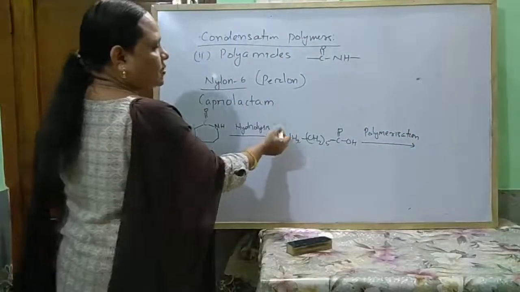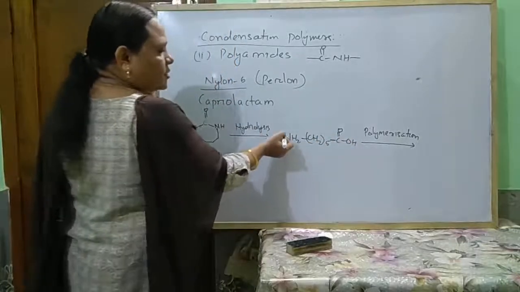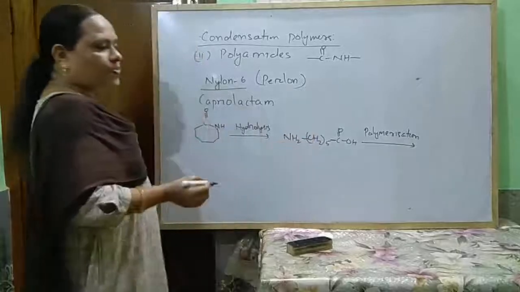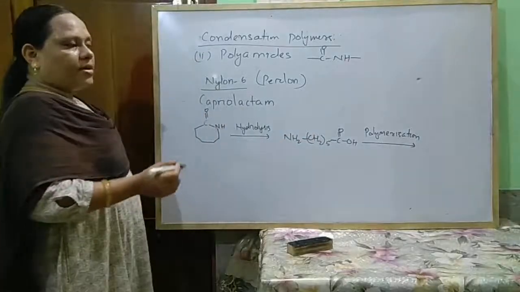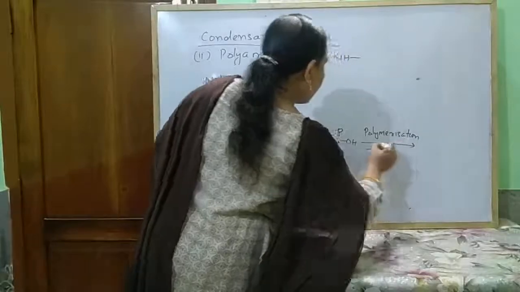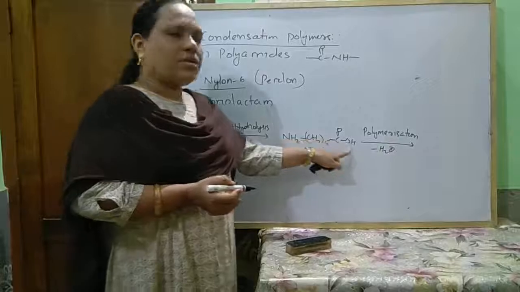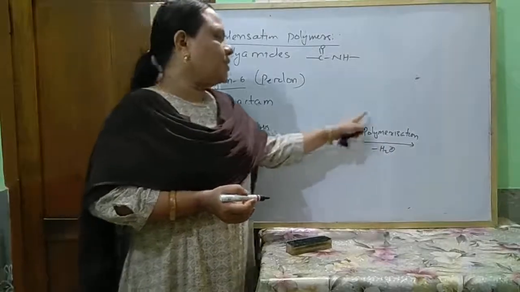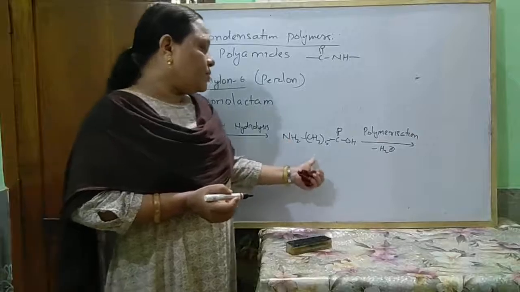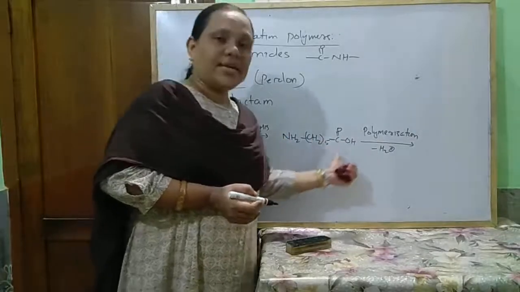H of this amine group is there and carboxylic acid is there. H of this amine group and OH of this group link, so this combines to form water. One molecule of this H and another molecule of COOH.